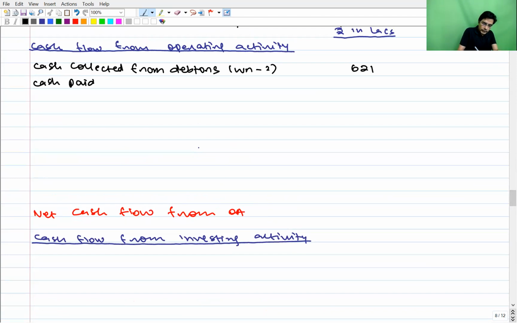Cash paid to creditors or suppliers or trade payables, by whatever name you want to write, you can write that. It's working note number 4. 406.